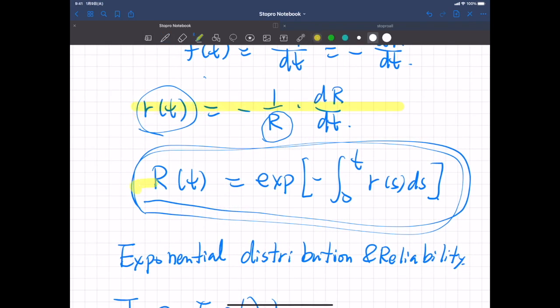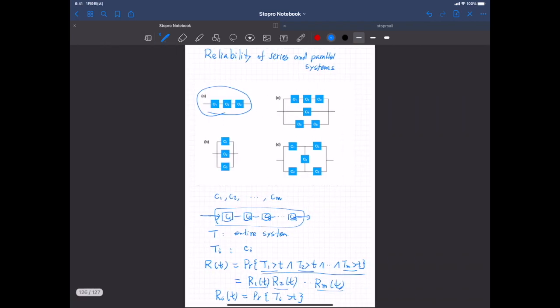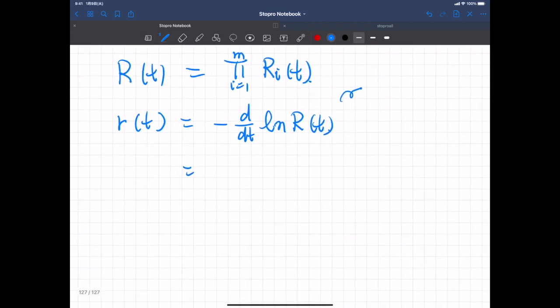Here, this and this. So from this you have negative dt ln R, right? So anyway, from this we should have that is the sum of the individual terms.